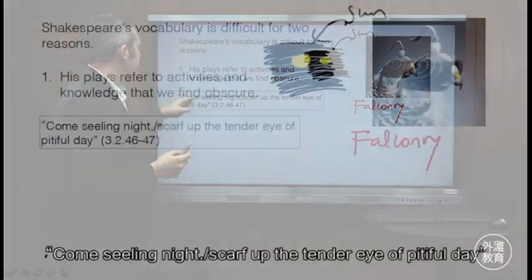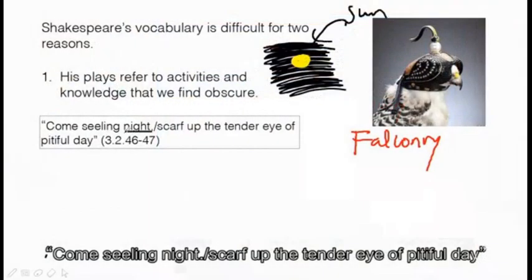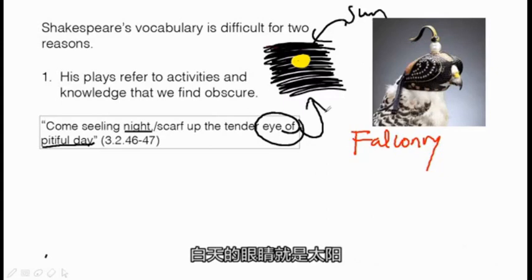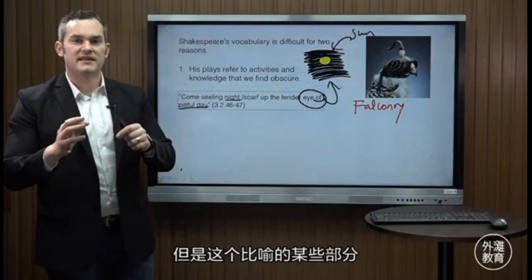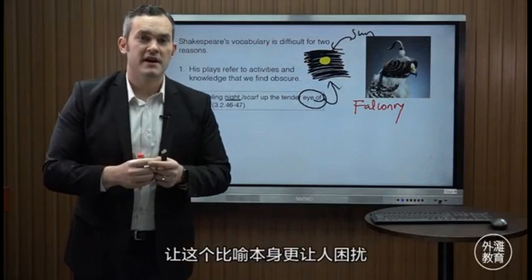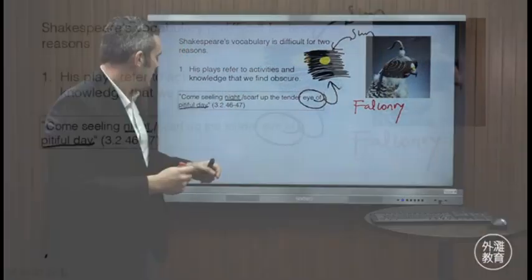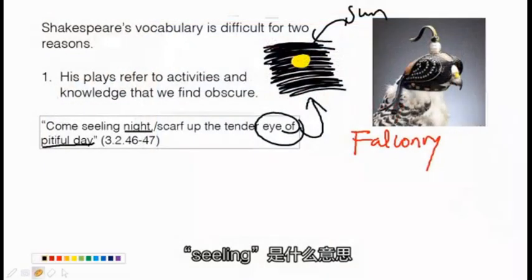So he says, "Come, sealing night, scarf up the tender eye of pitiful day." Right? So eye here is referring to the sun. The eye of day is the sun. But part of what makes this metaphor even more confusing is that Shakespeare is adding vocabulary related to falconry. Now, what does sealing mean?